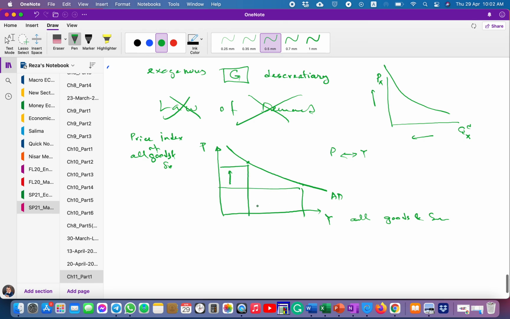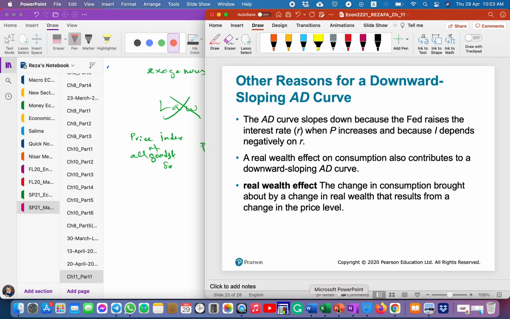If this goes up, this goes down. If this goes down, this will move this way. So those are the reasons, which I think we should have said earlier, but that's the way the book has been structured, so I followed the structure of the book.